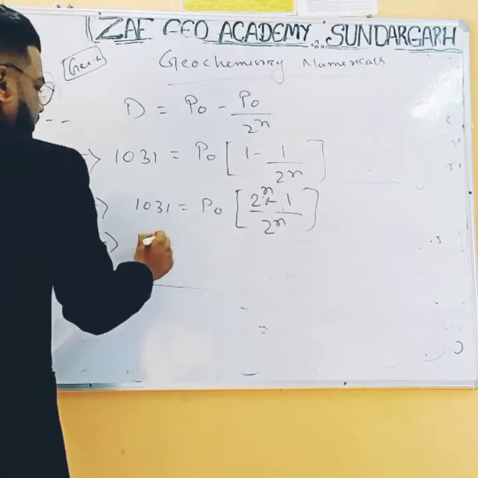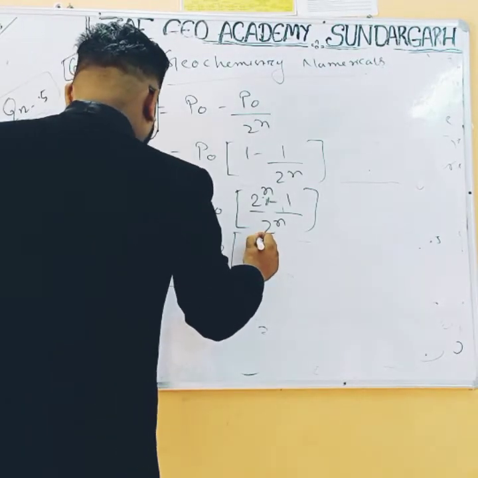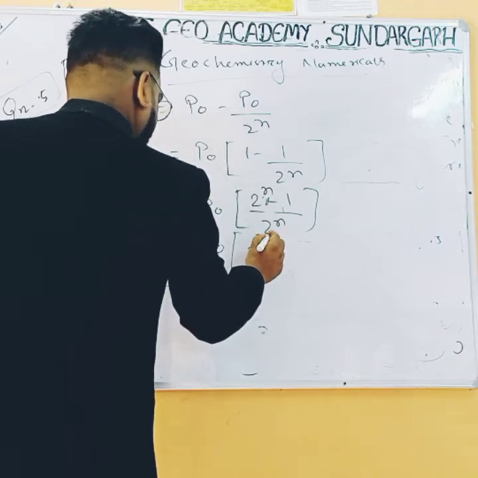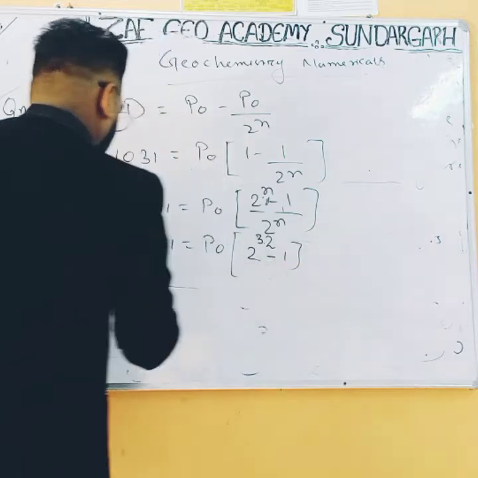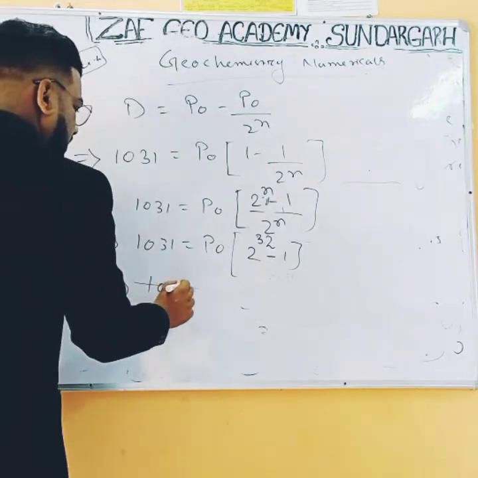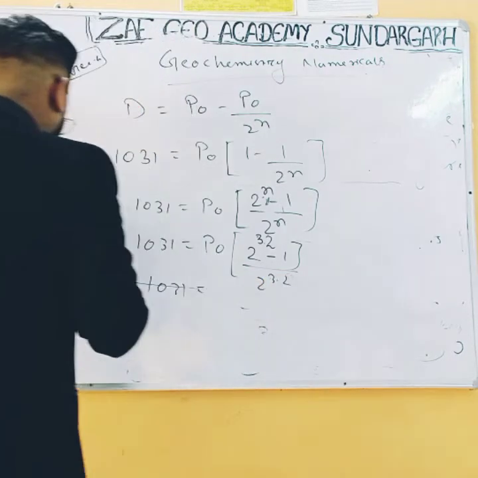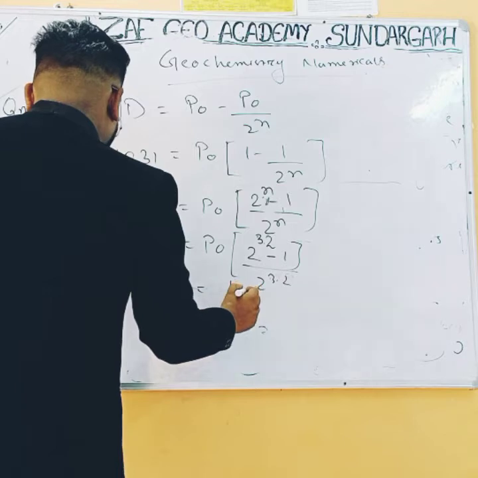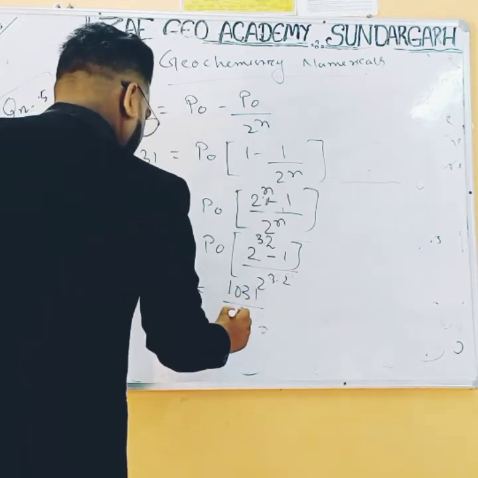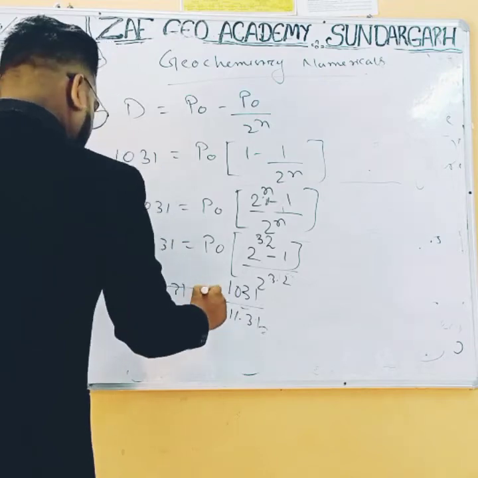Now 1031 is equal to P naught, with n equal to 3.5, times 2 to the power n minus 1. By solving this, we can find P naught.